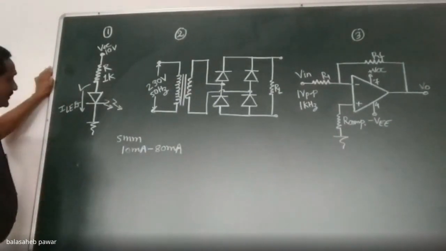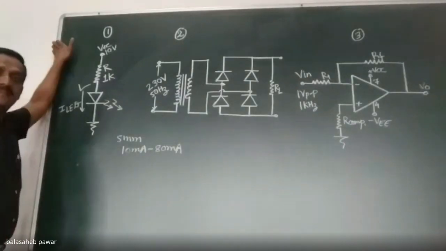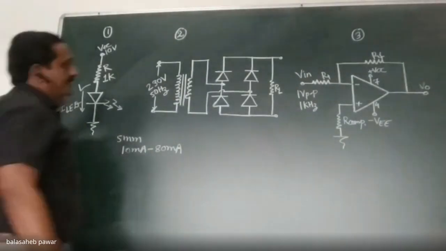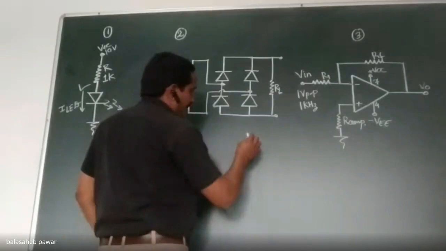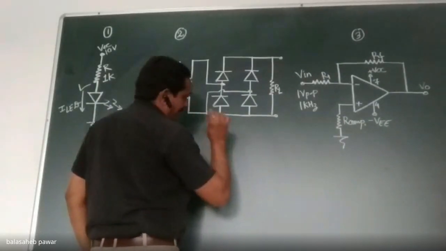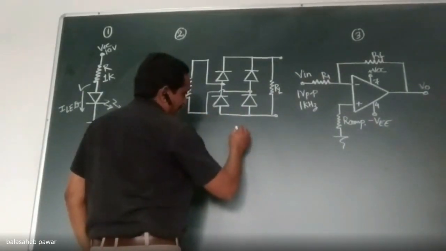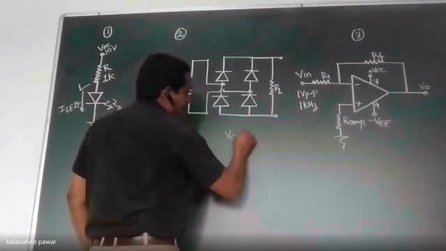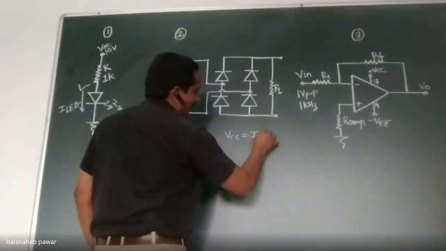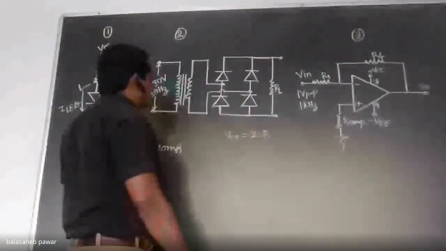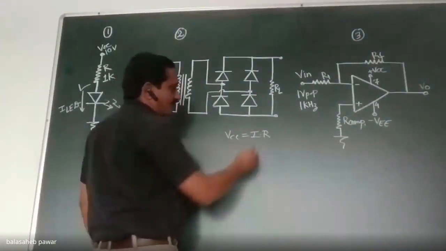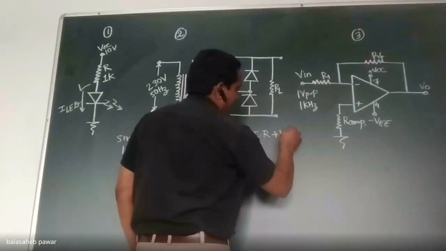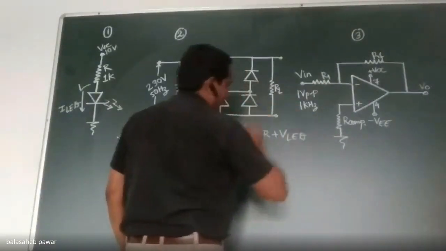Before going to the actual test using our simulation software, I suggest you try to find it out theoretically on your paper. Just apply KVL. KVL says VCC equals I into R, the voltage drop across the connected series resistance of 1K, plus the voltage drop across the LED.